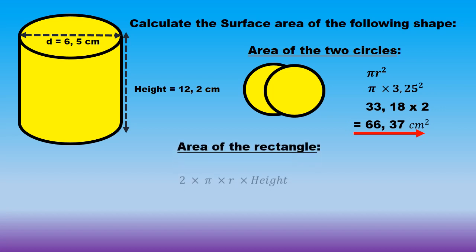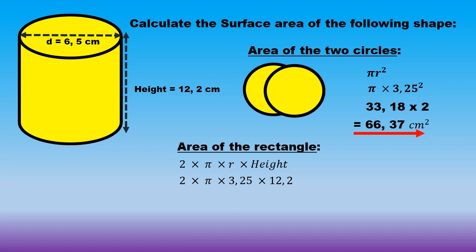Now let's have a look at the area of the rectangle. The rectangle, we've learned now, is the radius of the circle times the height. Okay, I'm going to say that again. It's the radius of the circle. No. It's the perimeter. It's the circumference of that circle. Sorry. Okay, it's the circumference of the circle times the height. Or if you want to, the perimeter of the circle times the height.